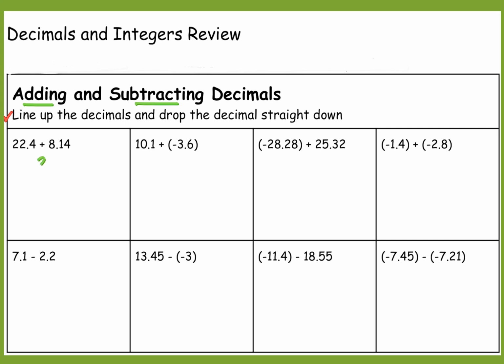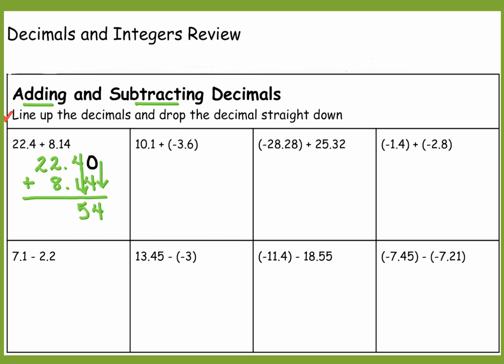We have 22 and 4/10, and we are adding that to 8 and 14/10. Remember, the first thing we want to do is line up that decimal point. Now here, we're also going to annex in zeros just to make sure that everything has a space, and we're going to add based on the columns. 0 plus 4 is 4. 4 plus 1 is 5.